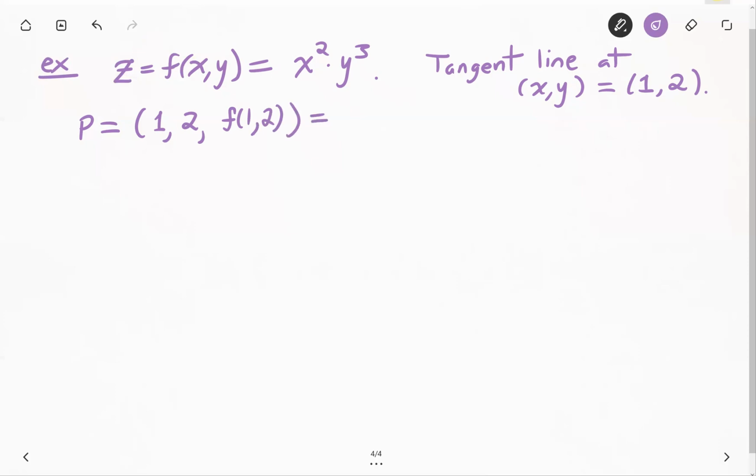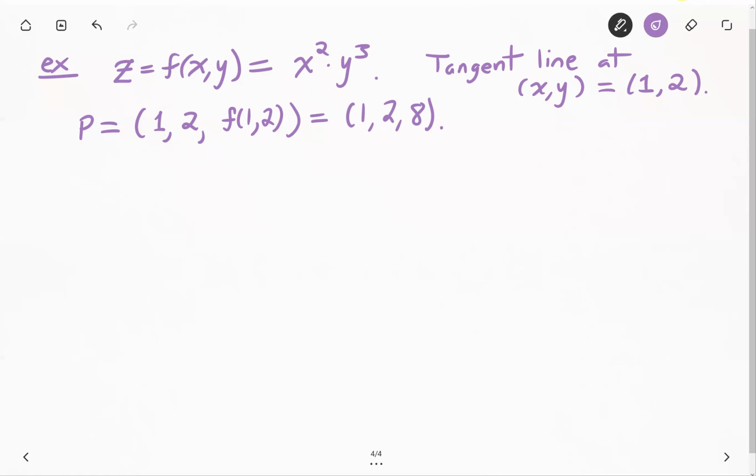And so we're just going to plug 1 and 2 into this equation. So I'll have 1 squared times 2 cubed. So that will give me 8. Right. 1, 2, 8. It's going to be the point that we add on at the end of our parametric equation.